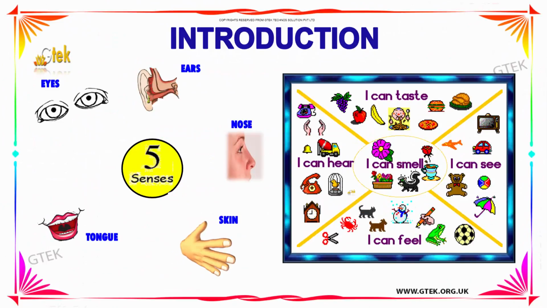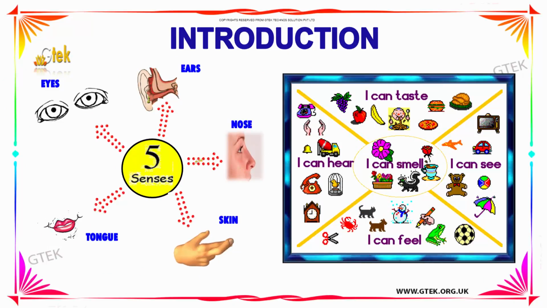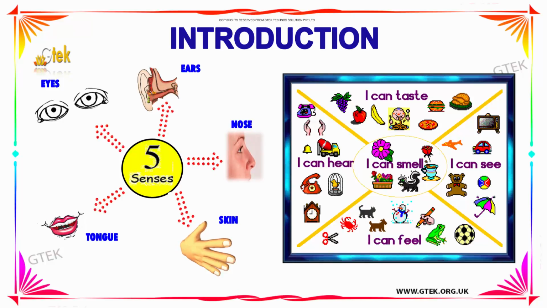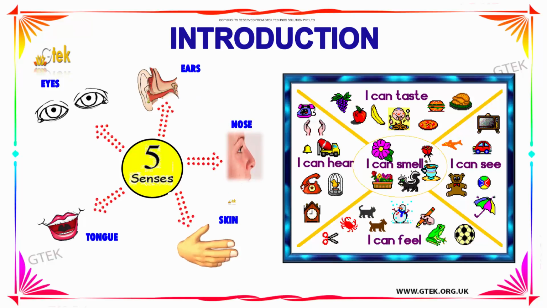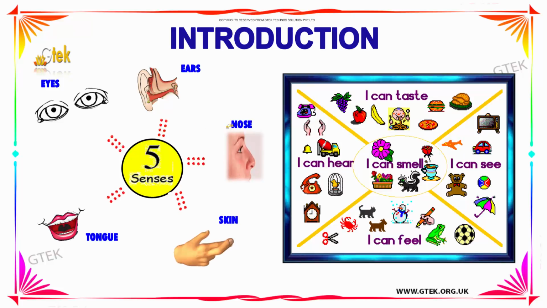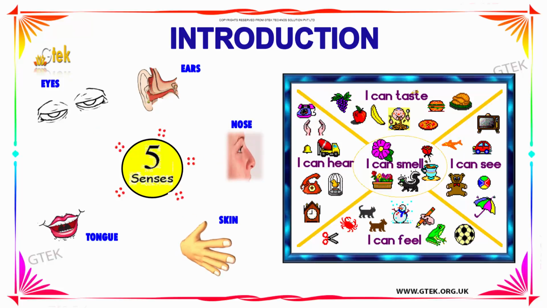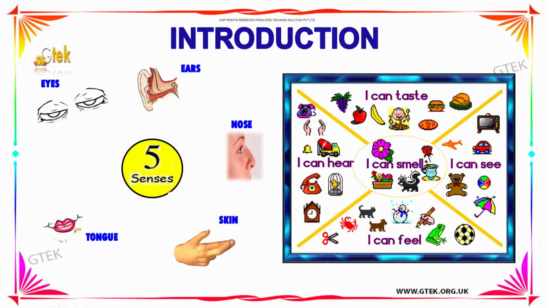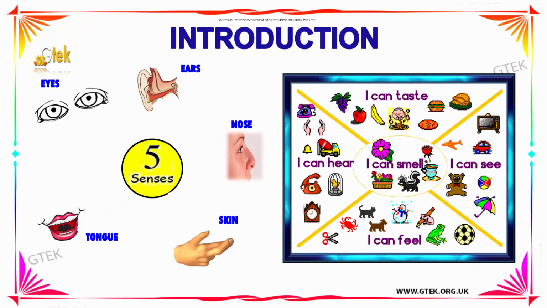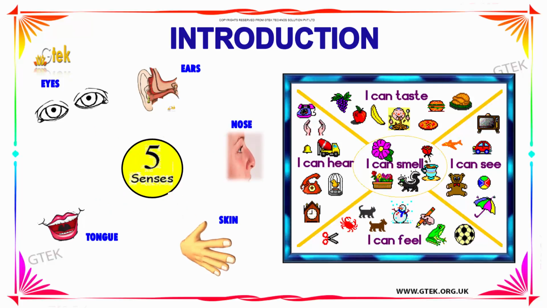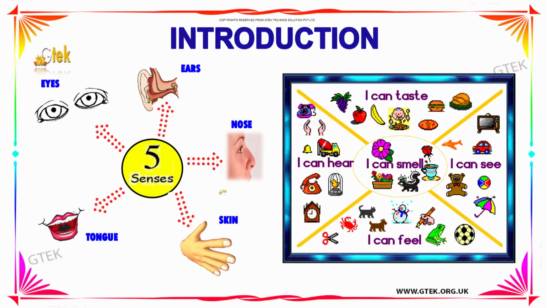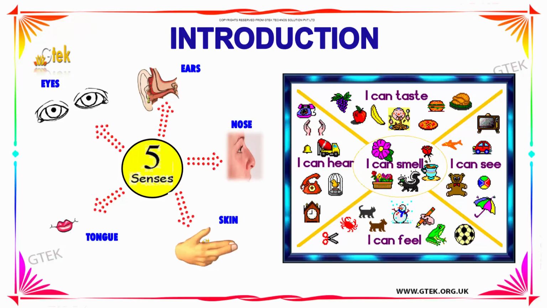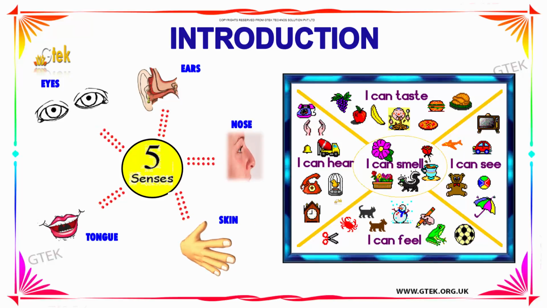So, the basic introduction to the sense organs is that there are 5 sense organs for a human. If one can taste, that is because they have a tongue. If one can see, that is because they have eyes. If one can feel things, that is because they have skin.